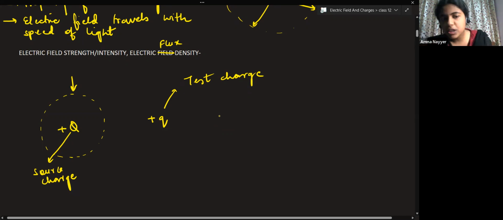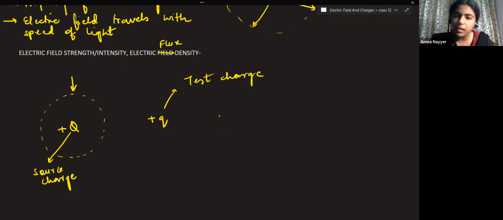If it is a negative charge, then both of them will be attracted towards each other. Now, since plus Q is a positive charge and this test charge has its positive value, both of these will repel each other. So we need a test charge to see whether they are repelling each other.